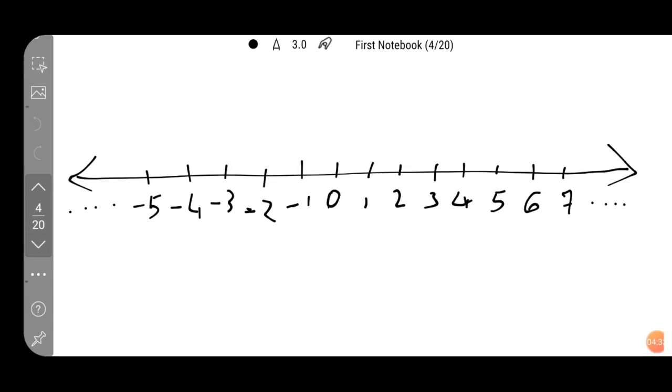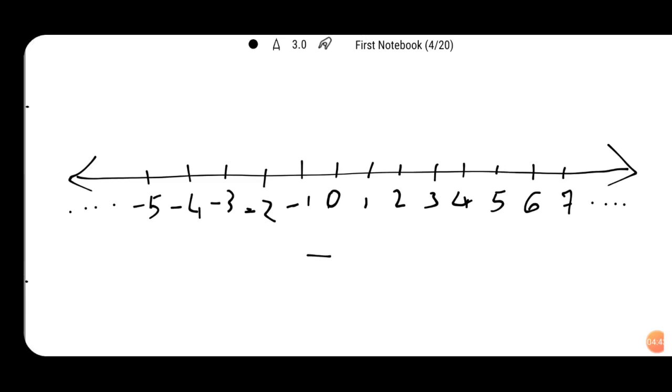Let's see another example. We have seen both numbers positive, then first number positive and second number negative. Now let's see the first number negative, that is negative 2 plus positive 6. I told you, even if we write a number as 6 or 7 or 8, whatever it is, it is understood that it's a positive integer.